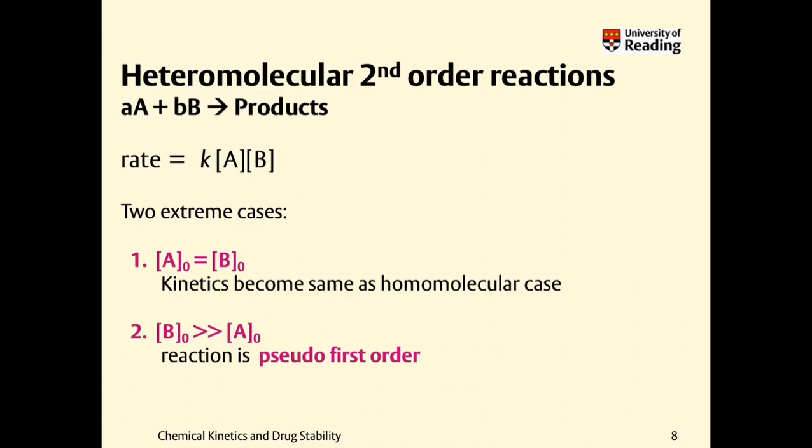First of all is if we know that the concentration of the two reactants is the same. So if we start with equal concentrations of both of our reactants, we know that they are equal, and they will continue to be equal throughout the reaction because they're both decaying maybe at the same rate. If we know that, then the kinetics will become the same as the homomolecular case.